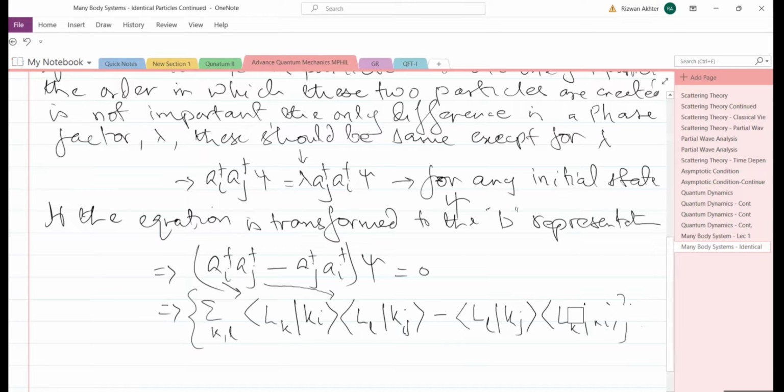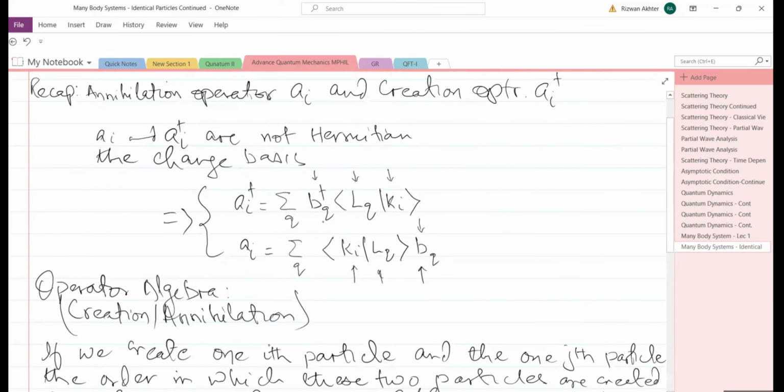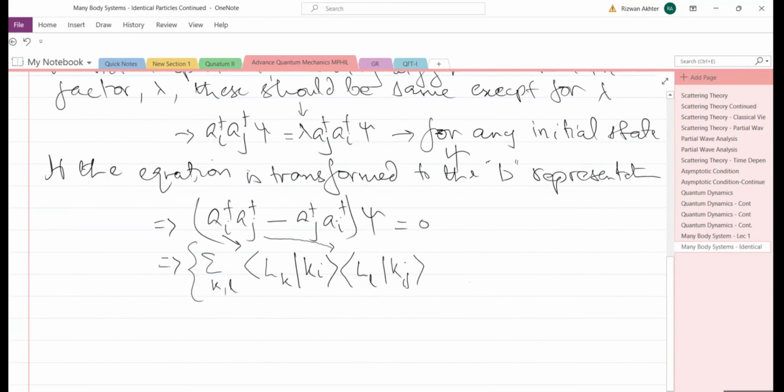So this is wrong. Remember, here b_q dagger and b_q also come in, so we have to write them as well. So we would first write here b_k dagger, b_l dagger, then we have a minus sign, and then the order changes: L_l k j, or we have L k K i.